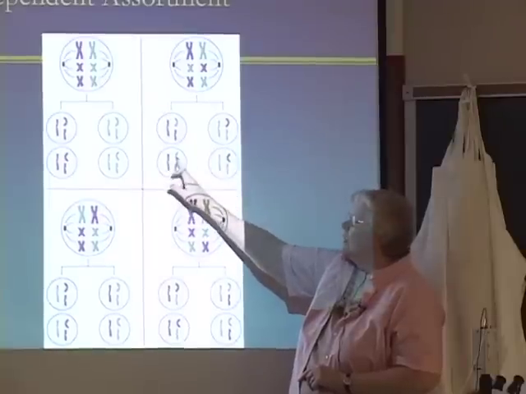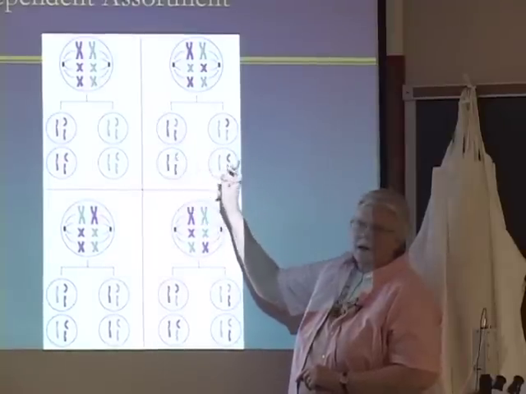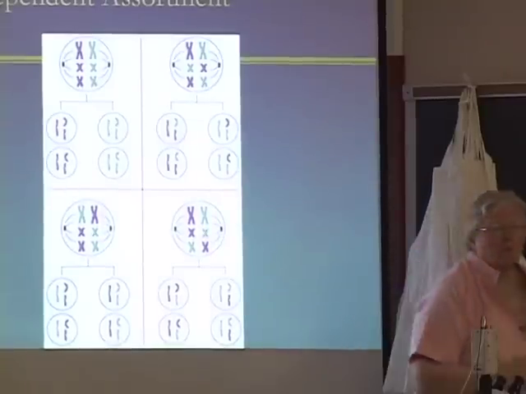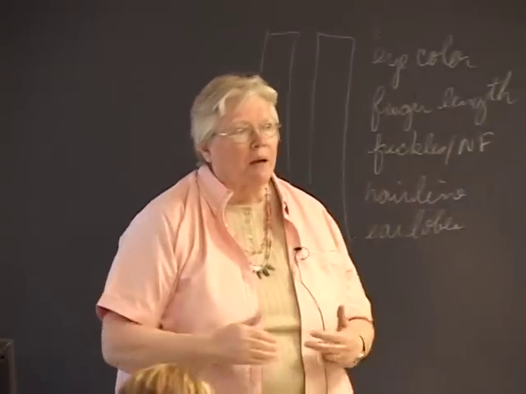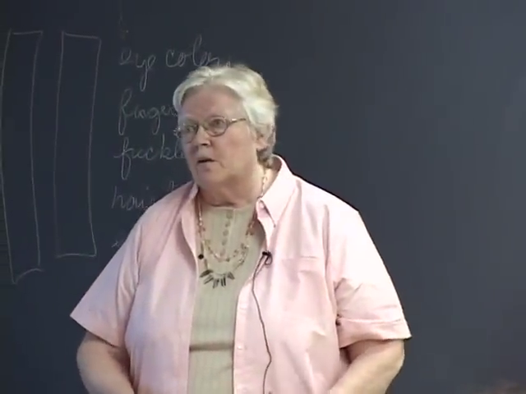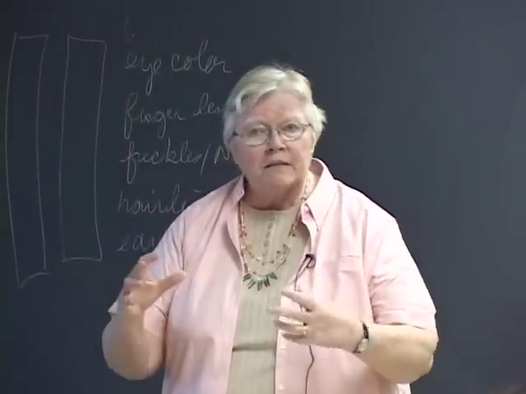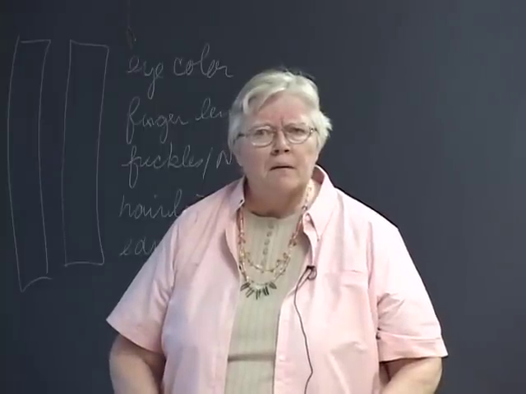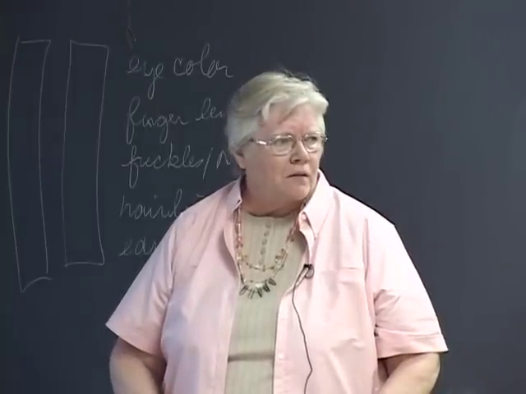These are the homologous chromosomes. One has genes for freckles, one doesn't. So independent assortment is one of the things that gives us a lot of variety when we're talking about offspring and what the offspring will look like. You know, sometimes you look at families and you think, where did that person come from? There is so much variation.